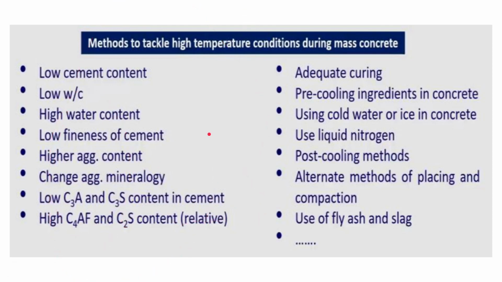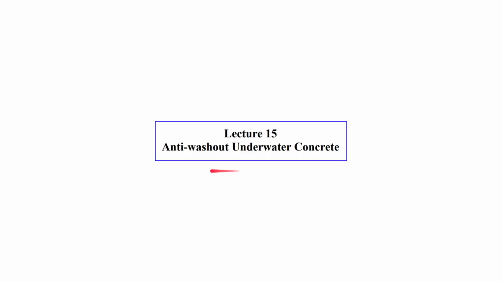We have studied all this now. Then adequate curing, pre-cooling ingredients in concrete, using cold water or ice in concrete, using liquid nitrogen, post-cooling methods, alternate methods of placing and compaction, and use of fly ash and slag. Most of the ways we have discussed just now.